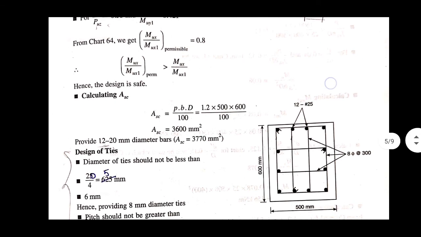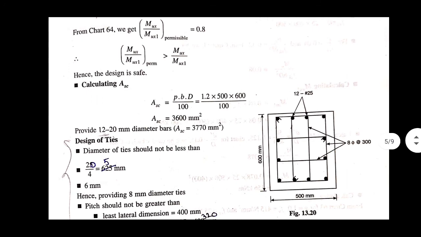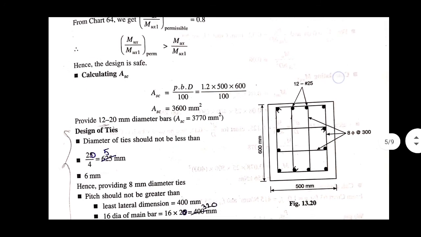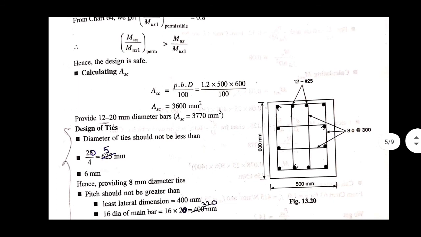Asc is equal to p into b into D by 100, that is equal to 1.2 into 500 into 600 by 100, that is equal to 3600 mm square. So we provide 12 numbers of 20 mm diameter bars, for which Asc is 3770 mm square.